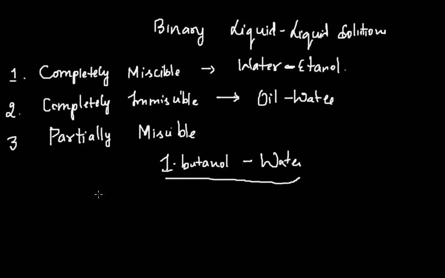Now, a pair of liquids like 1-butanol and water, which separates into two layers but still partially mix, is said to be a partially miscible system. So, now if a graph of composition of the solutions and the corresponding temperature is plotted, usually here we are plotting temperature and composition. I will come to how this is derived.